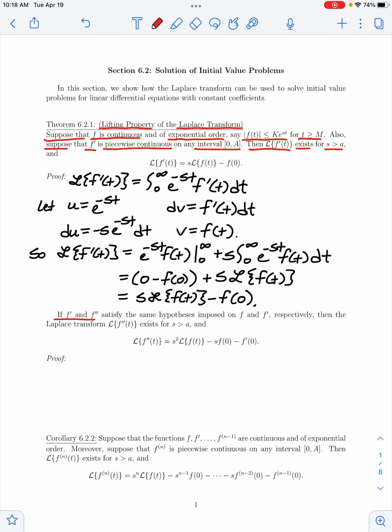Suppose that f and f double prime satisfy the same hypotheses imposed on f and f prime from theorem 6.2.1.